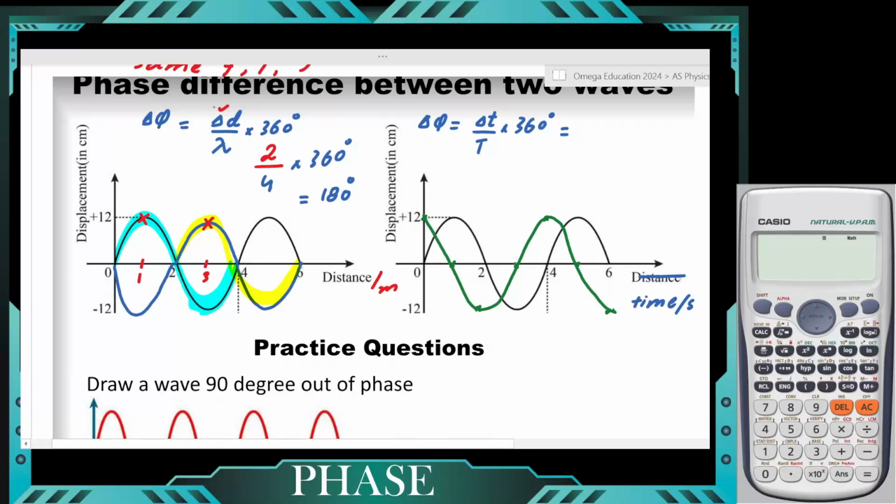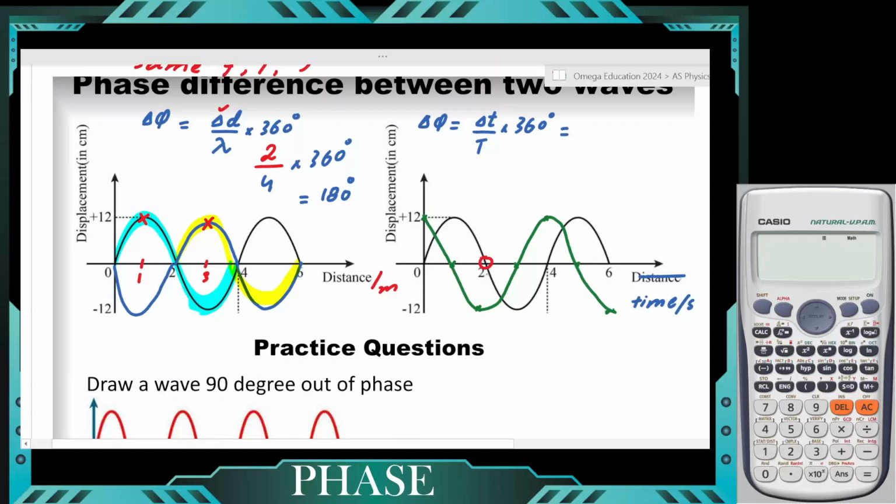What's the next step? We have to choose two consecutive in-phase points, or two consecutive corresponding points, on the two waves. For example, if you choose the point 0 for the first one, this time I'm not going to choose the points from the peak, from the crest. Rather, I'll choose points from, let's go with this one, for example.